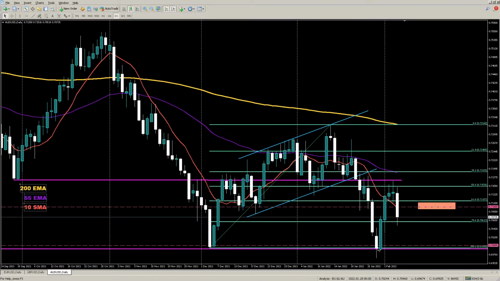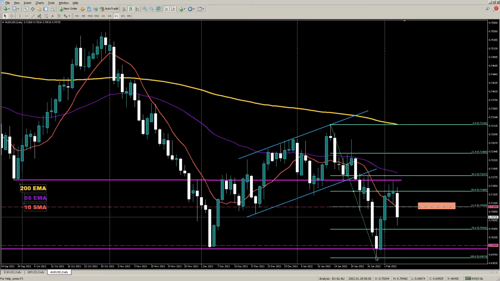So it did find support from the end of last week, and was a retracement of this move down. We can actually move this Fib over here, and that's where the 50 Fib retracement is.